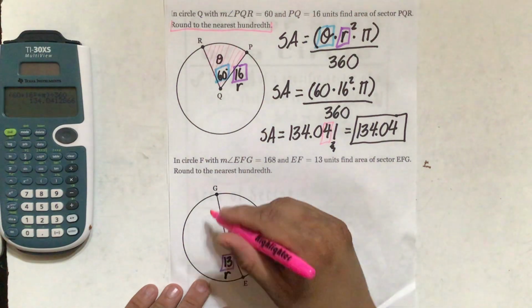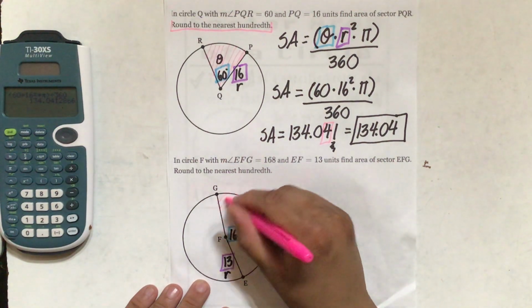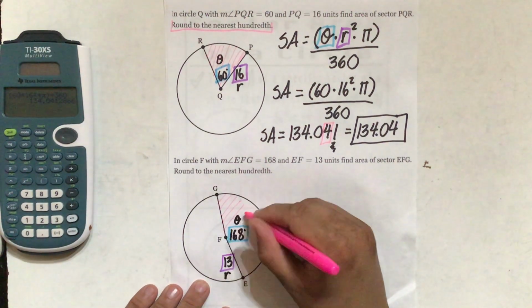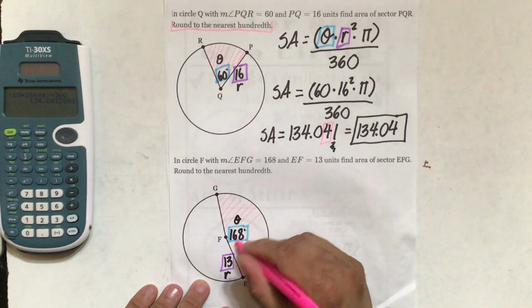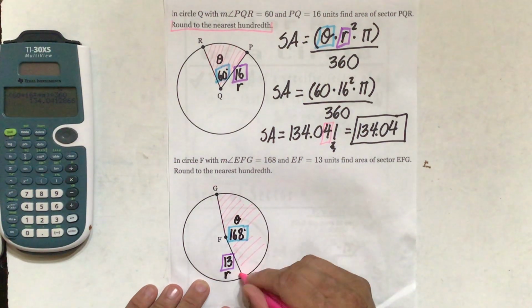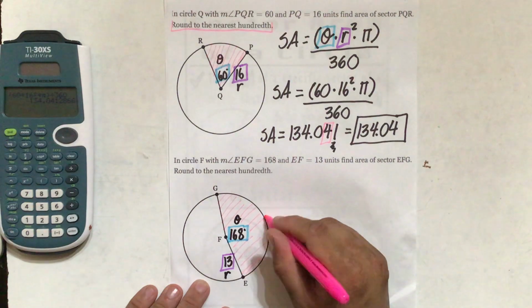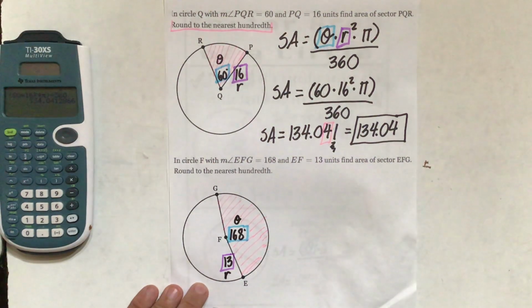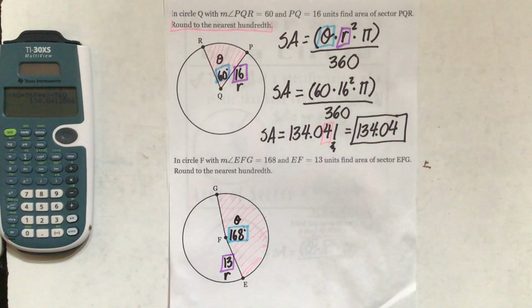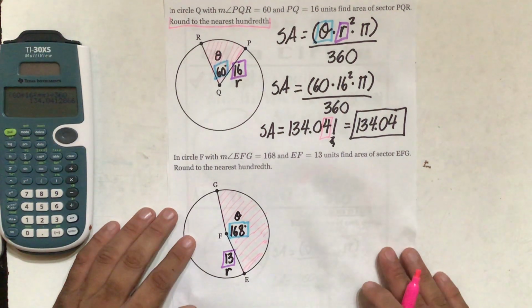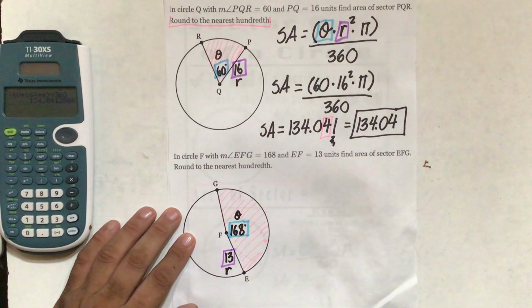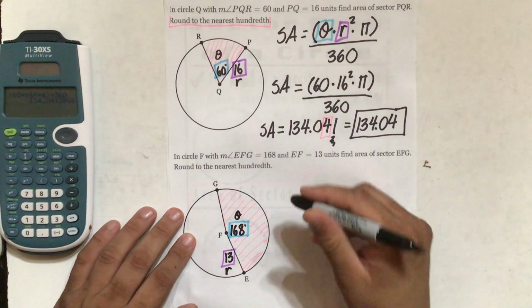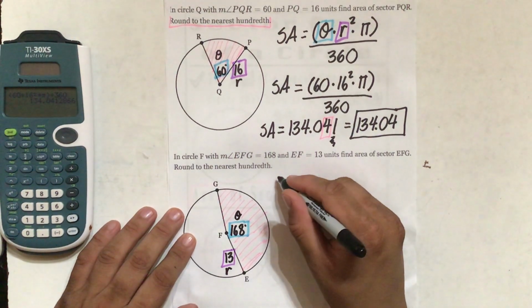And I'm finding the area, which is the inside. So I'm finding this right here. This whole area right here, this almost half a pizza slice right there. Not quite half, but almost half. So I want to find this area right here. So I'm going to use my formula.